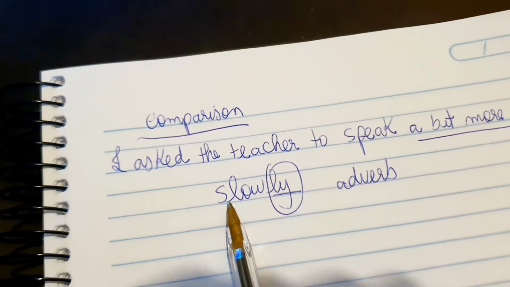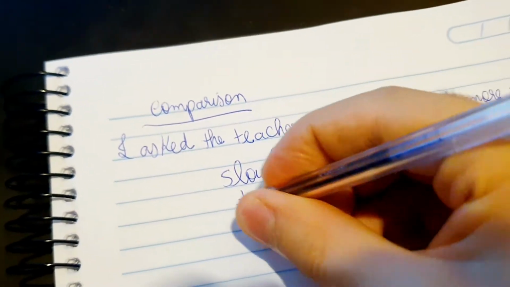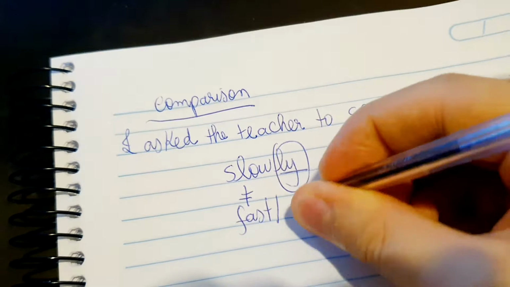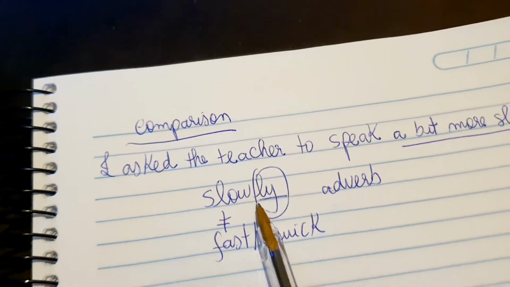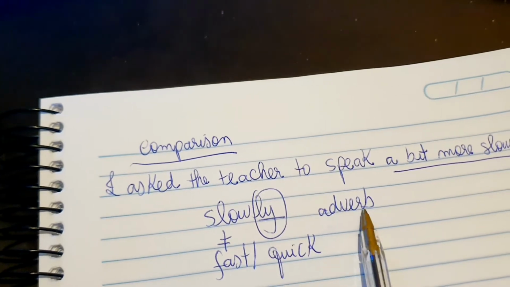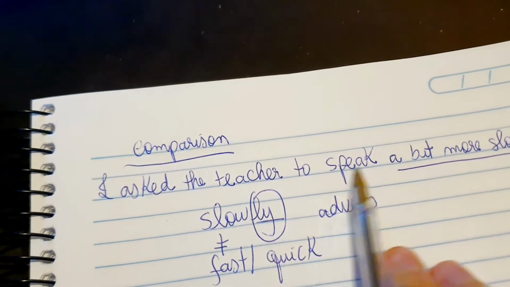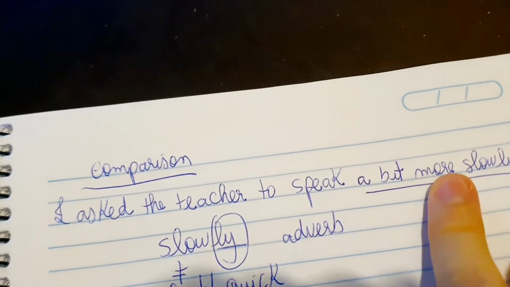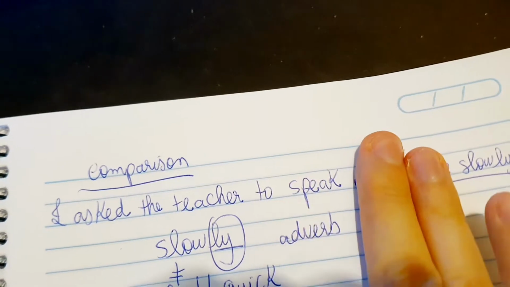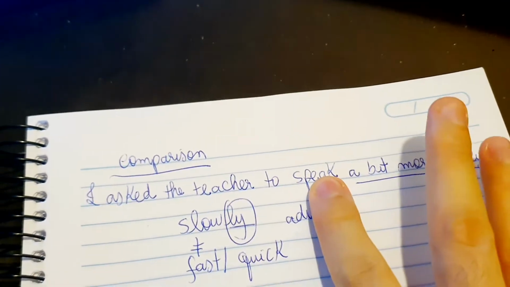We have here the adjective slow, which is the opposite of fast or quick. And then when I add ly, it becomes an adverb. So I'm saying here, I asked the teacher to speak slowly. If I didn't use a bit more, the idea would already be complete. I could say, I asked the teacher to speak slowly.